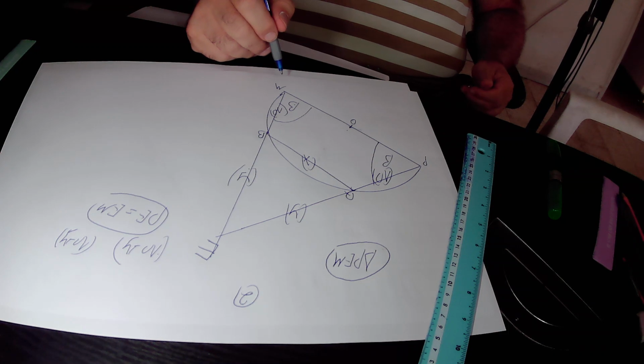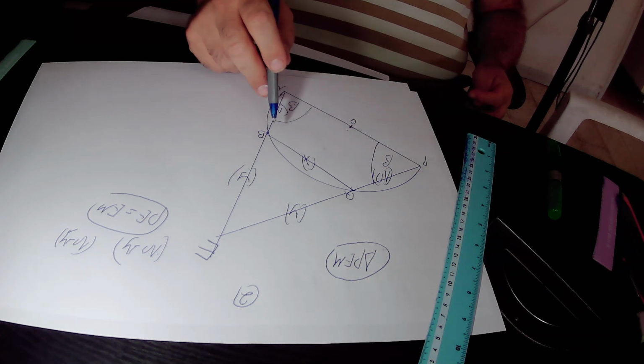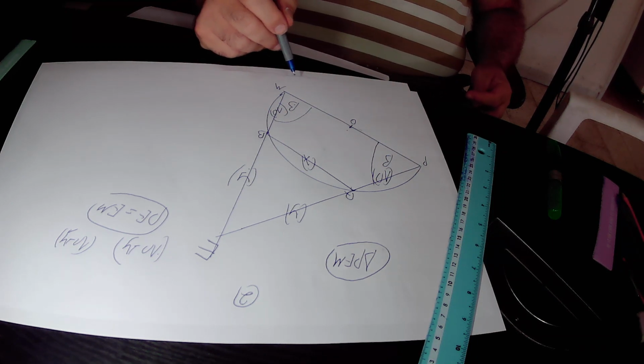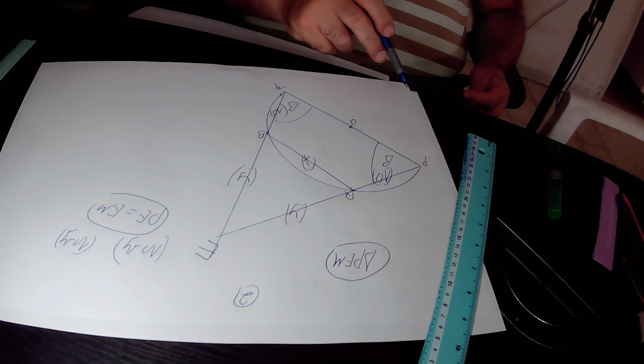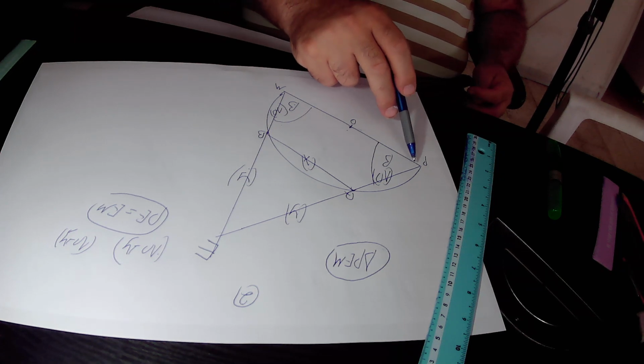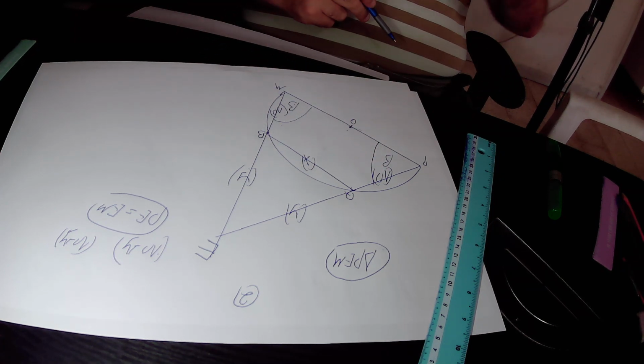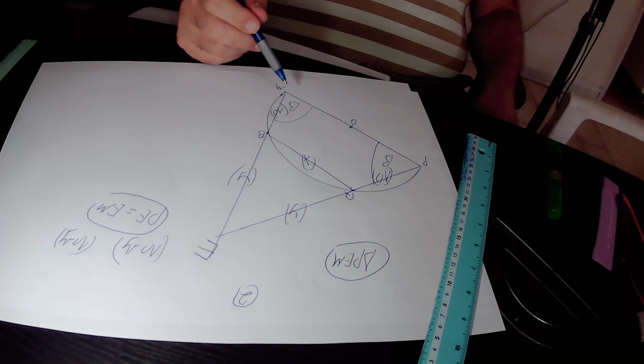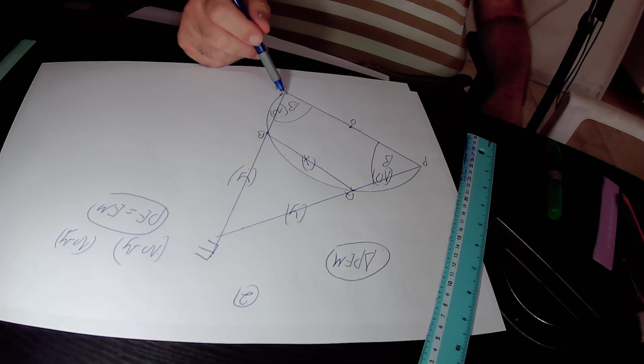Okay, so we have here this semicircle that blocks quadrangle PQBM.